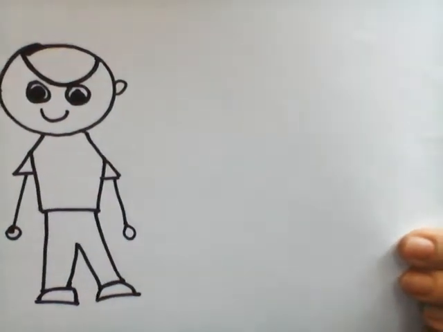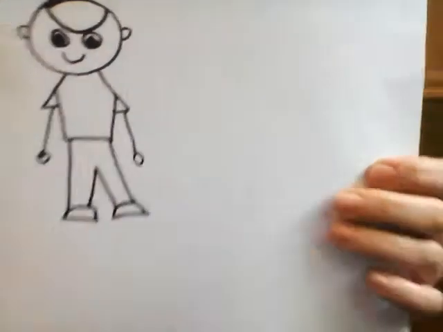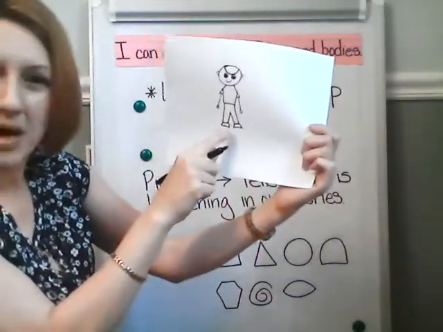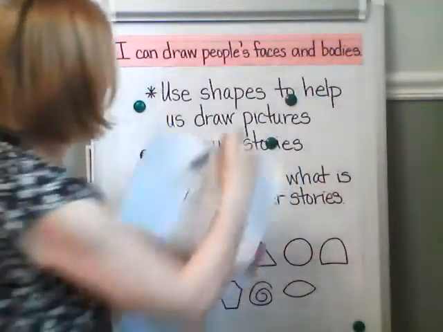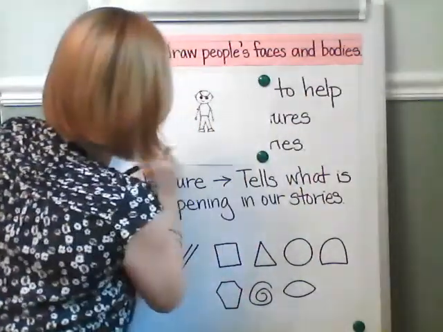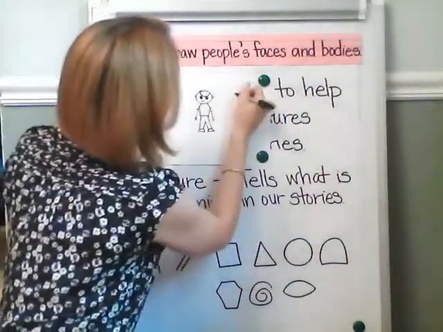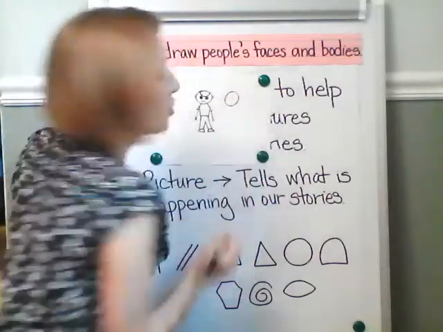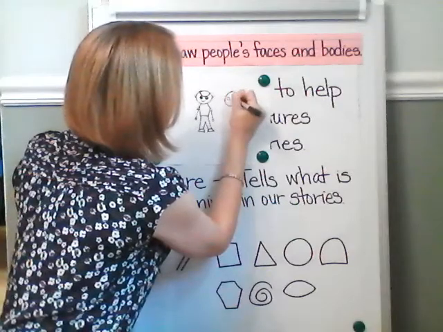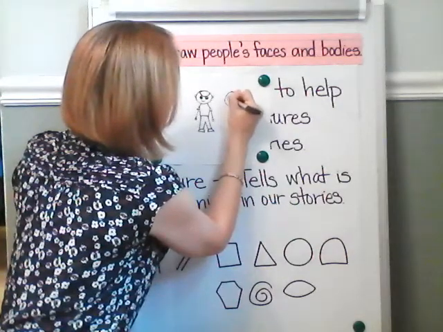See? So funny looking. But do you see how I use shapes to help me draw people's faces and bodies? Do you see how I did that? Okay, and you can even do it with lots of other shapes. For example, if I were going to do a girl, I could start with a circle there, and then I could still do the same type of thing with the eyes if I wanted to with circles.